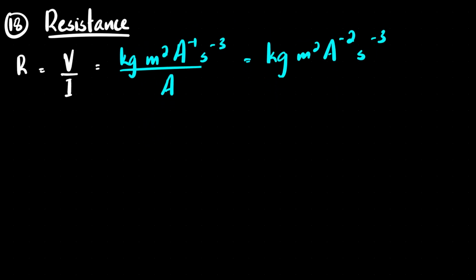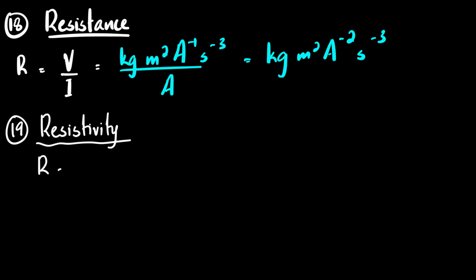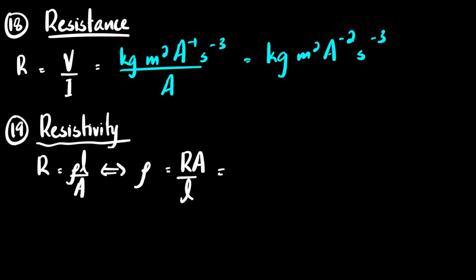You might have also studied this. It wasn't really part of the O-level syllabus. It is part of the A-level syllabus, which is the idea of resistivity. Right, so what is resistivity? Resistivity is defined by this formula, where R equals rho L over A. So I can say that rho, the resistivity, is RA over L. Resistance is in ohms, which is this entire thing, kg meter square, A -2, S -3.